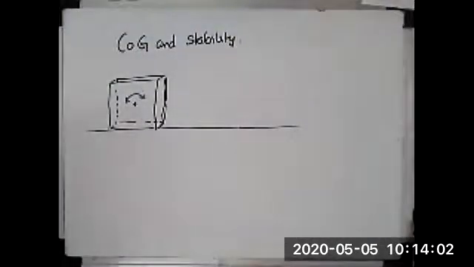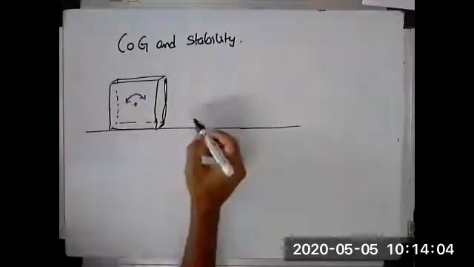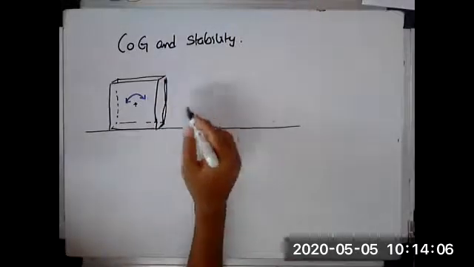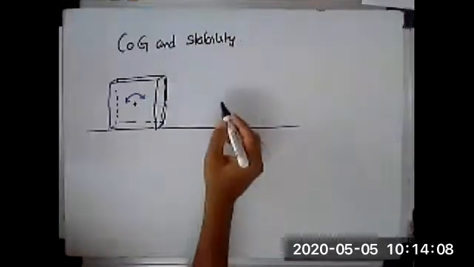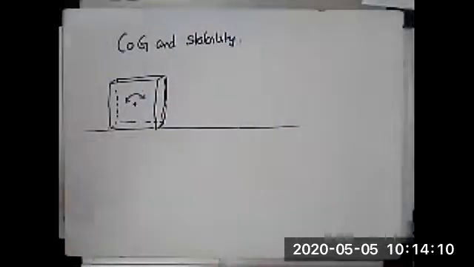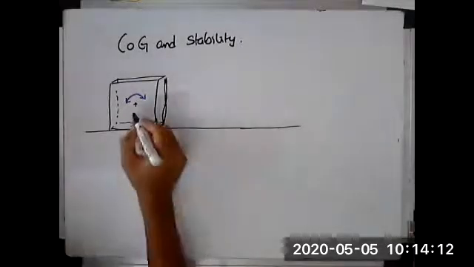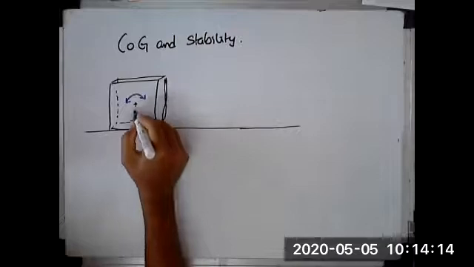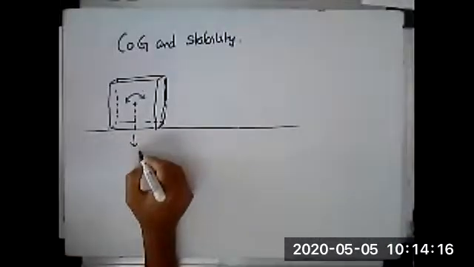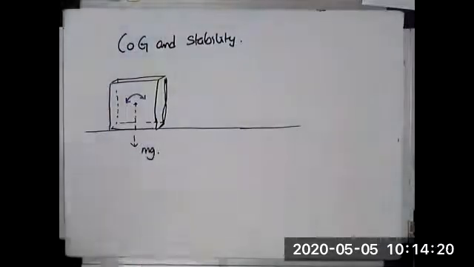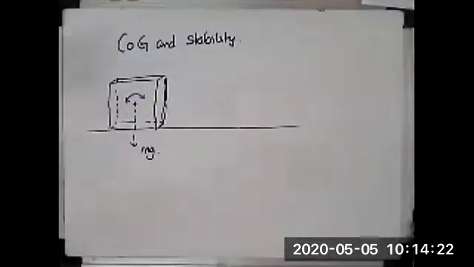What we saw was that the extent to which you can tilt this object before it falls over is when the line of action of gravity, the mg, the weight of the object, acts through the base of that object.